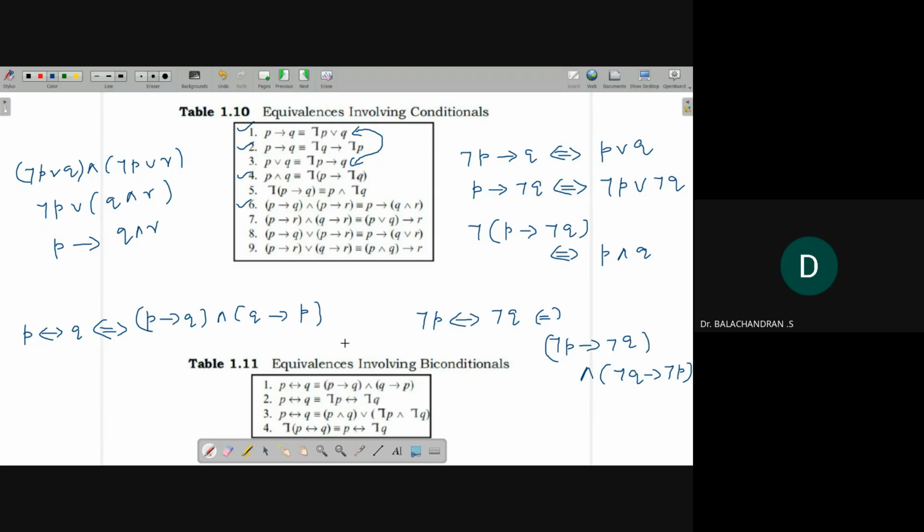Suppose if you know any idea, you can tell. P implies Q is negation P or Q. Yes, sir. Negation P or Q, and negation Q or P. Next, here also you are going to write.